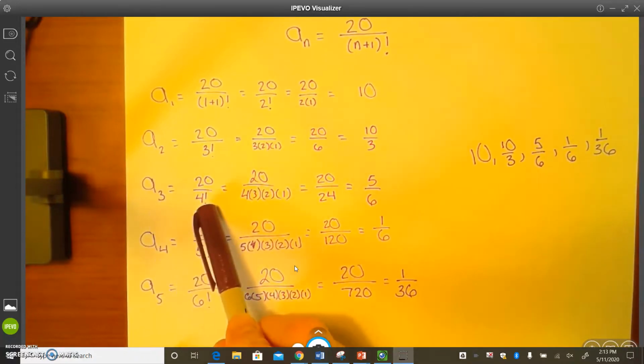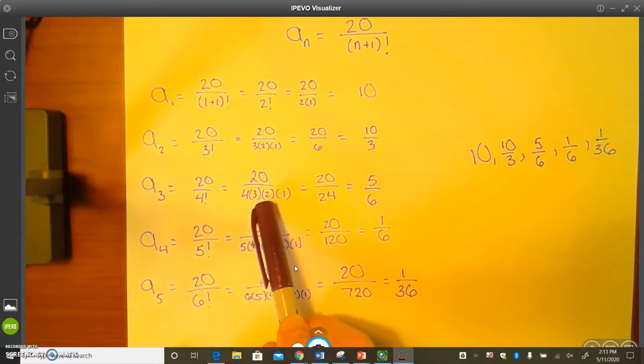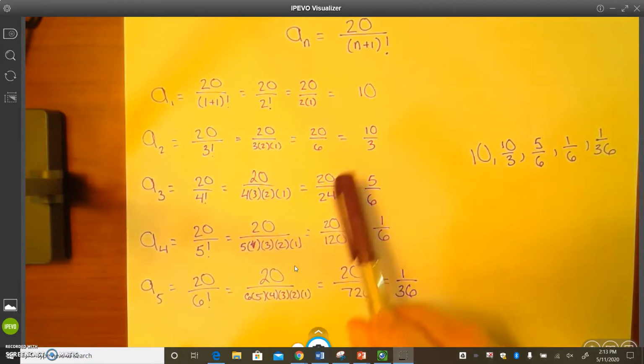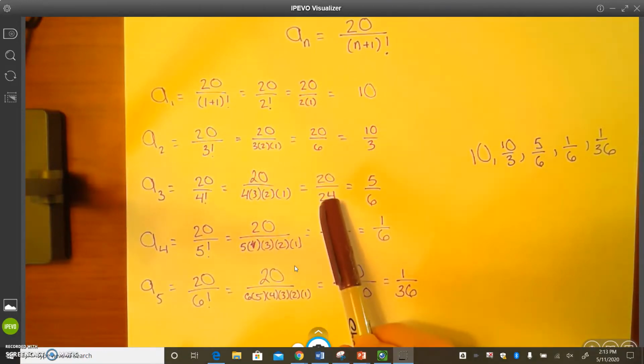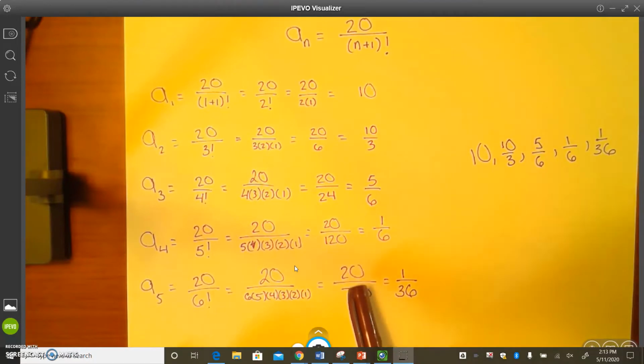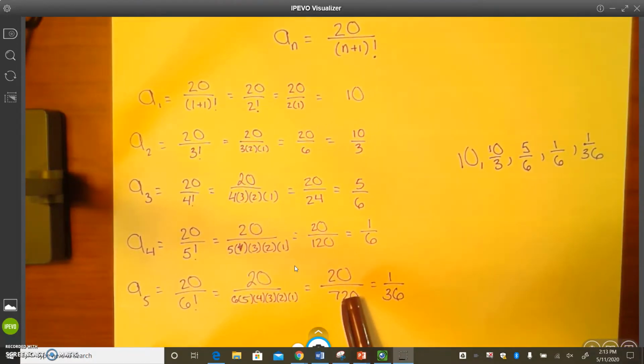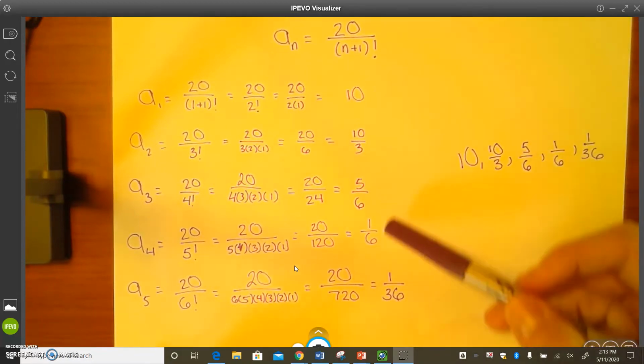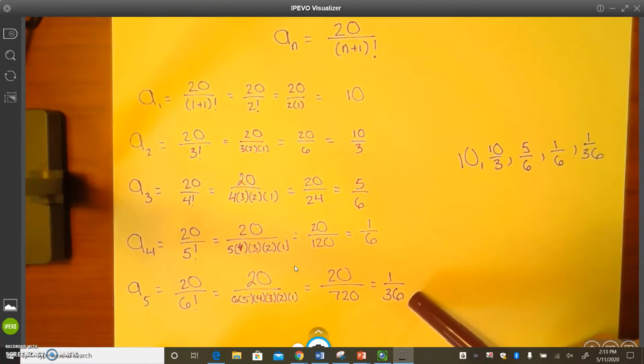For A3, I'm taking 4 factorial in the denominator, 4 times 3 times 2 times 1. A4 is 5 factorial, A5 is 6 factorial. Each of these denominators is larger and larger, which means the terms are going to be smaller and smaller. Some simple reduction of fractions leads us to these 5 terms.